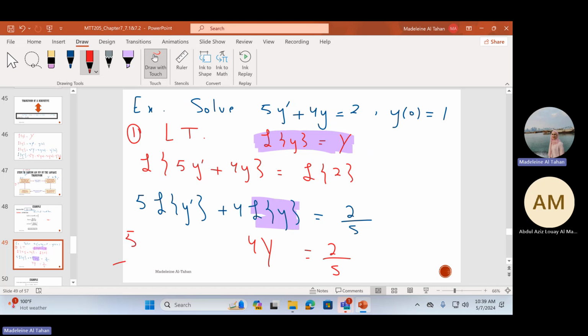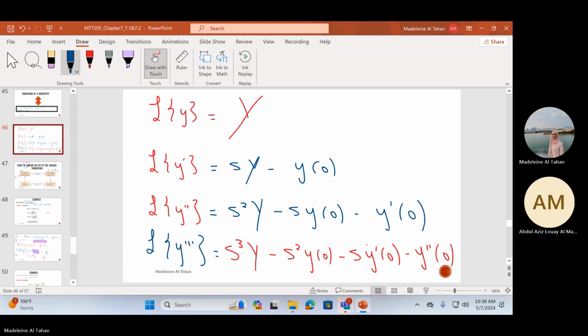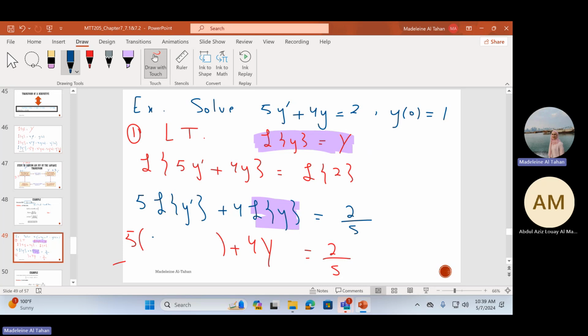Laplace of y' equals what? sY minus y(0), right? So we will write sY minus y(0), with capital Y. The first step, are you okay with it?